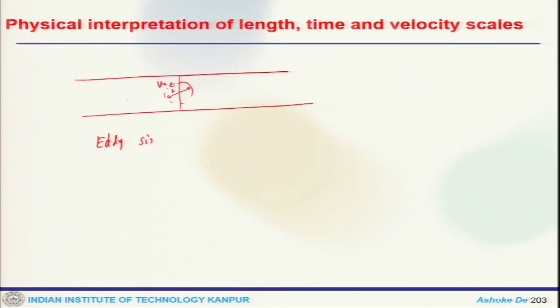The eddy size is L, the eddy velocity would be UL, and then the eddy turnover time TAD is L by UL.